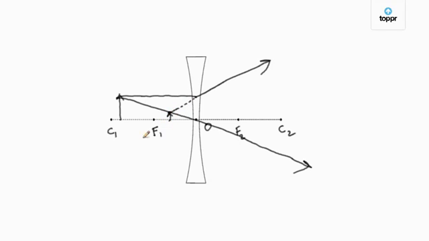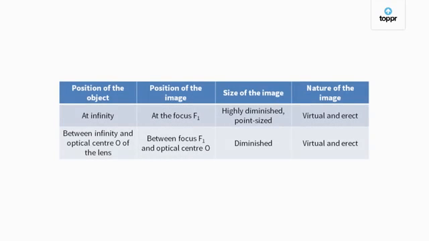Therefore, the image I get is going to form between the focus and the optical center, and this image is going to be diminished. Also, it will be virtual and erect. This table shown gives the summary of the position and the properties of the image formed corresponding to the position of the object for a concave lens.